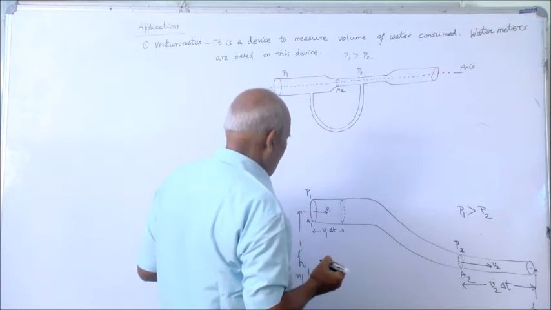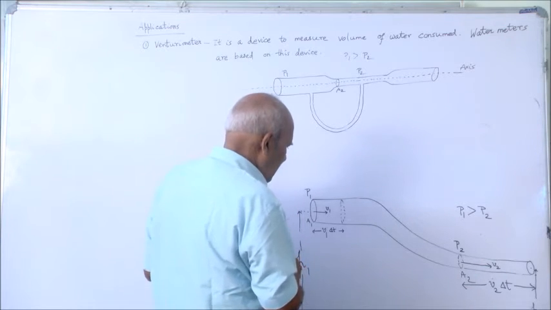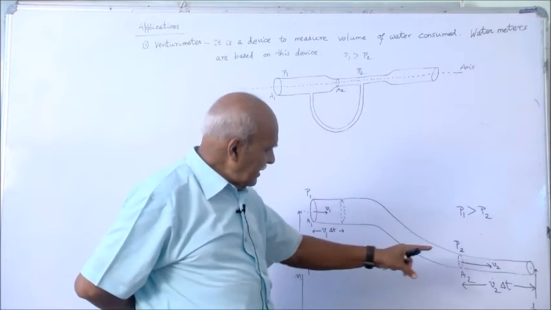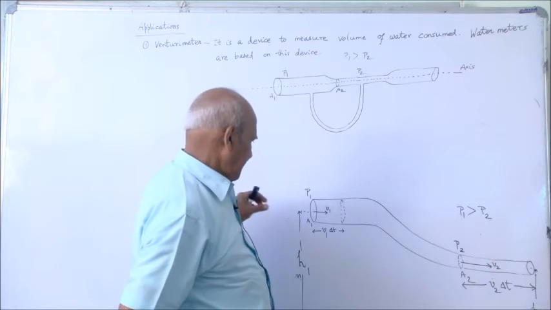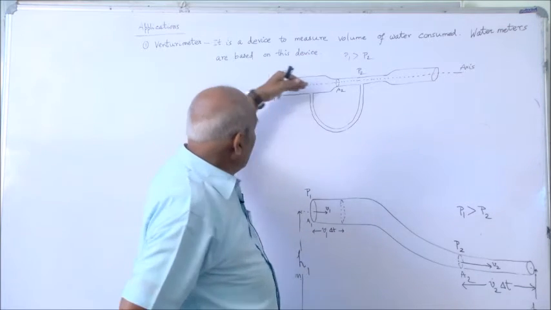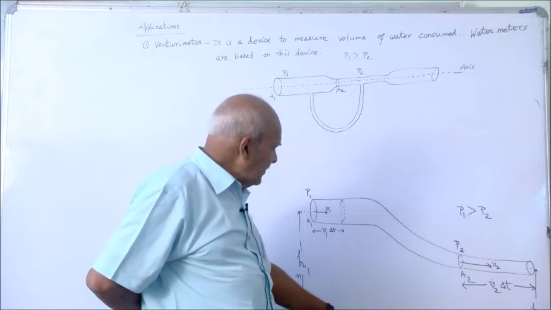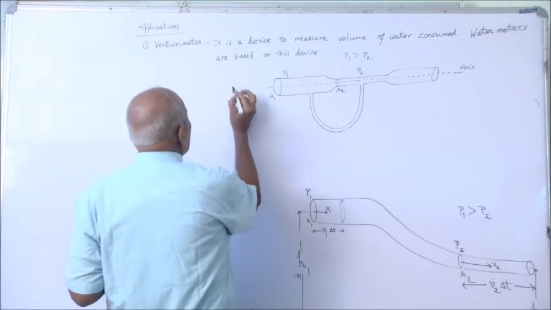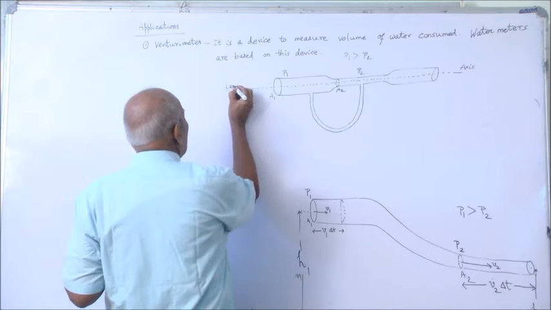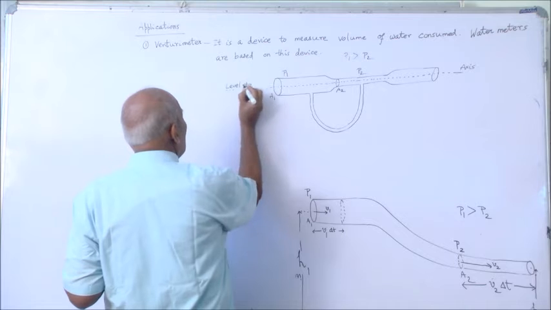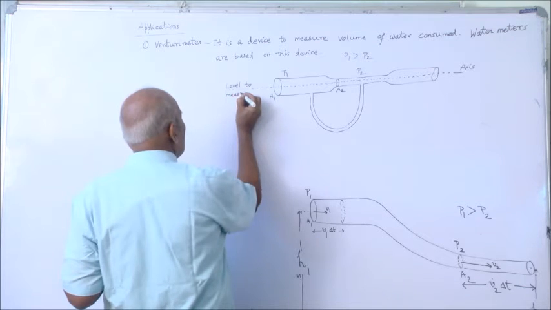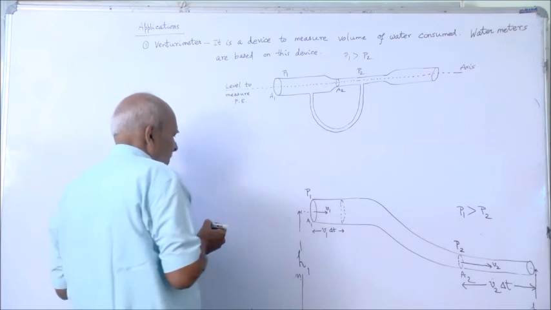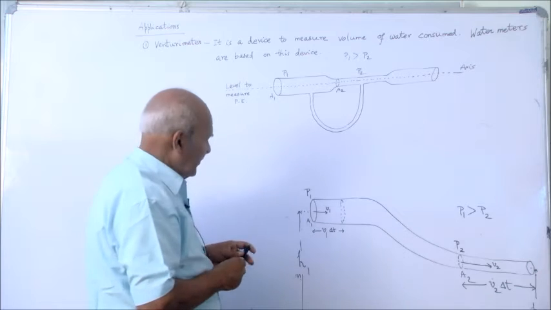So, here you see, compare the Bernoulli's theorem figure. Here there is H1 and H2, which are different. But suppose the level to measure potential energy is chosen as the axis.